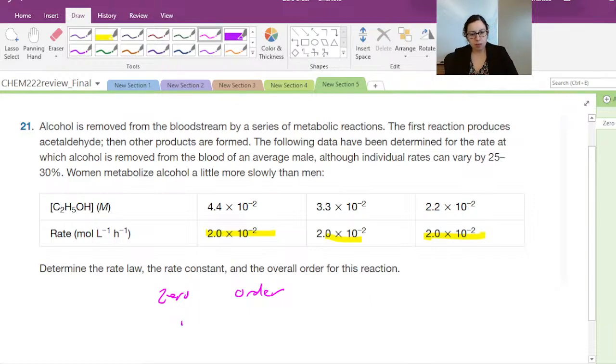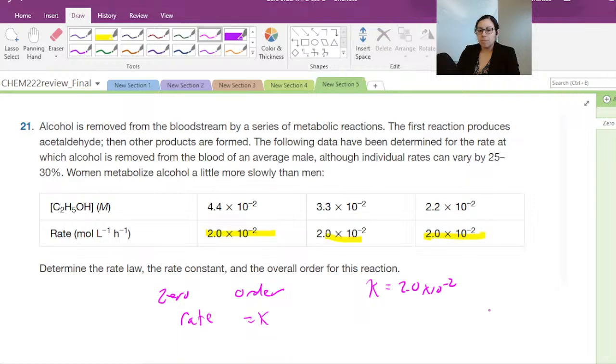So then that just means that our rate is equal to our k, our rate constant. And so obviously then it's equal to this. So 0 order, excellent. When you express a 0th order rate law, do you include the reactant at all?